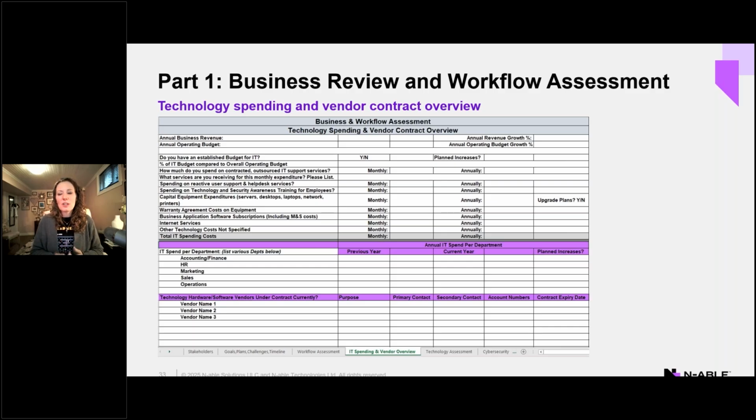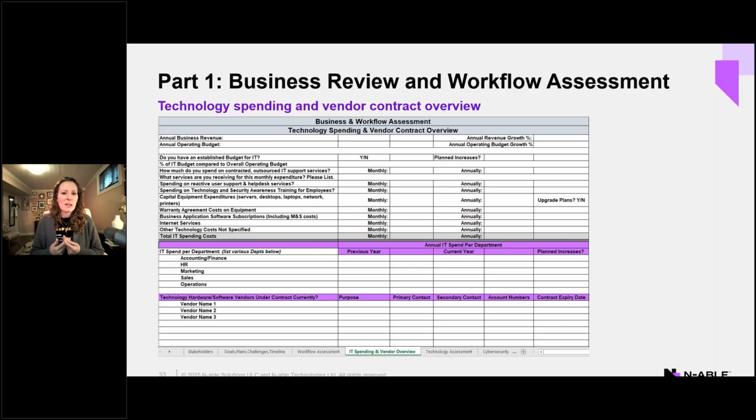How much are they spending on security awareness training, technology education on a monthly basis? Can they tell you how much they've spent on technology capital expenditures, like if they purchased any new servers, workstations, laptops, network devices? What does that whole refresh cycle look like for them? Can they tell you how much they're spending on warranties?